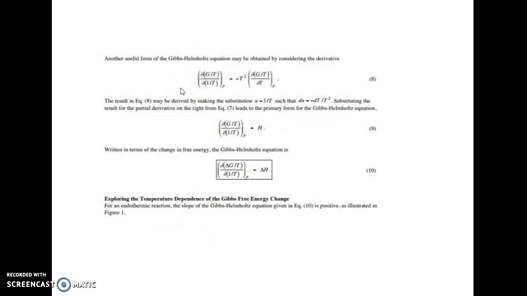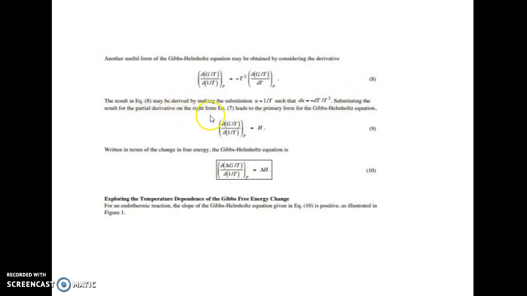Another useful form of this equation can be given by considering the following derivative, which is also very important. If you want it in terms of change in free energy, it is given by d(G/T)/d(1/T) at P equal to minus T square d(G/T)/dT at P. This equation number 8 is derived by the substitution of d(1/T) as minus dT by T square.